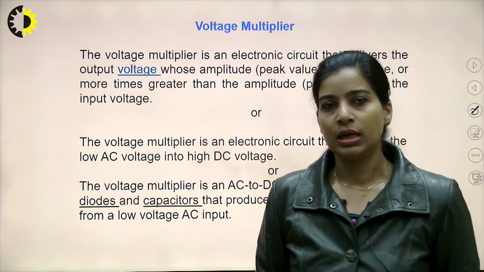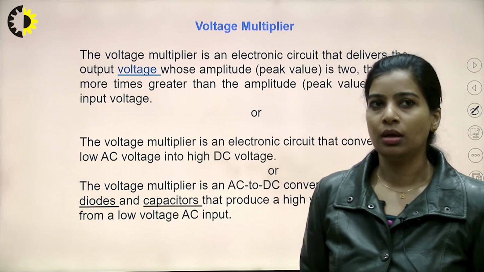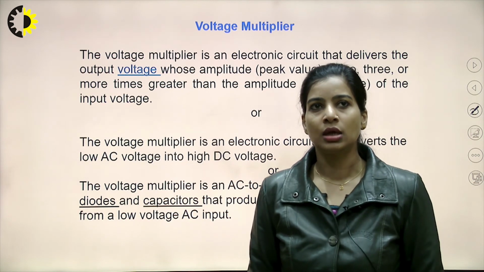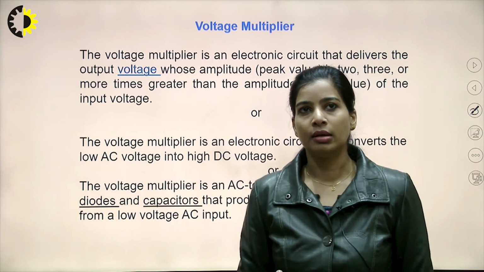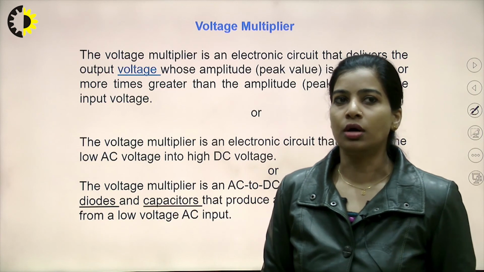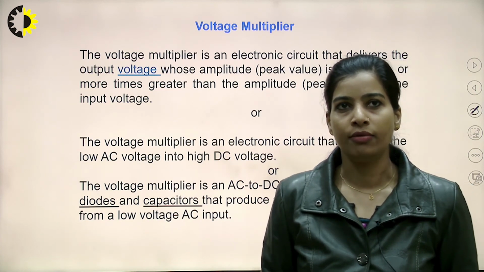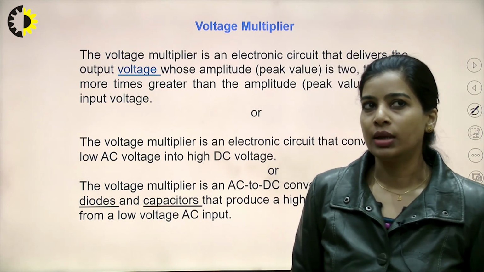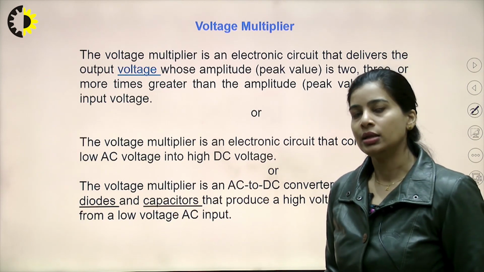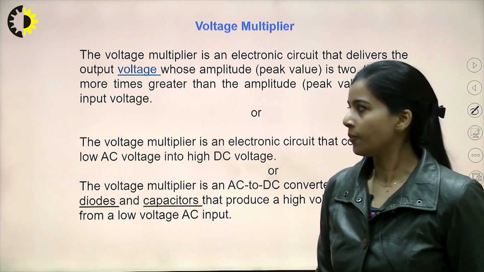But in a voltage multiplier, we are converting AC voltage to DC voltage, and we are getting an output whose peak value is higher than that of the input peak.